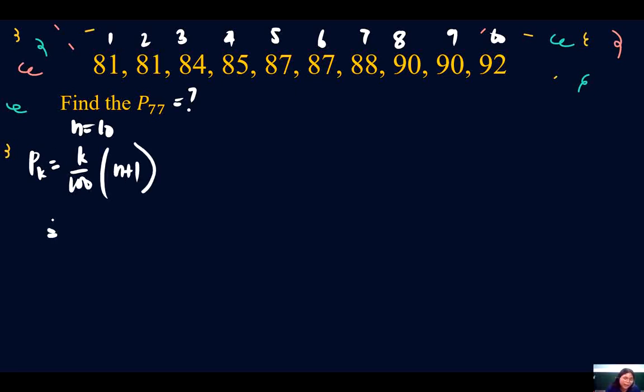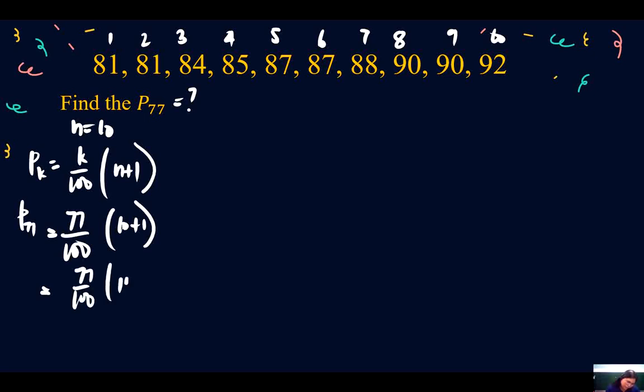Our K is 77 all over 100. Quantity, our N is 10 plus 1. Okay, so 77. Okay, so ito ay magiging 77 over 100 times 11. So 847 over 100.